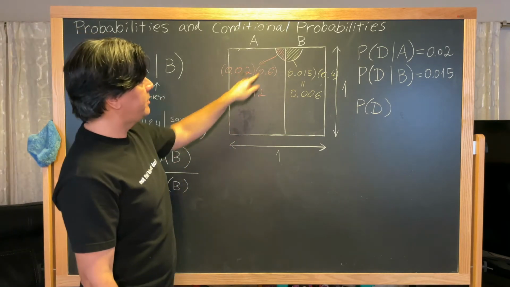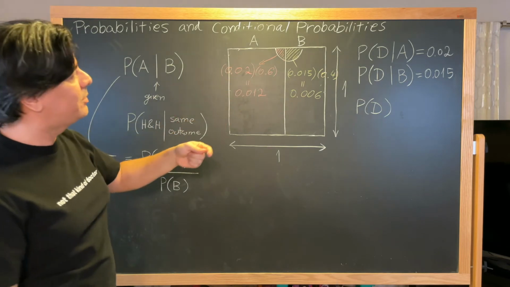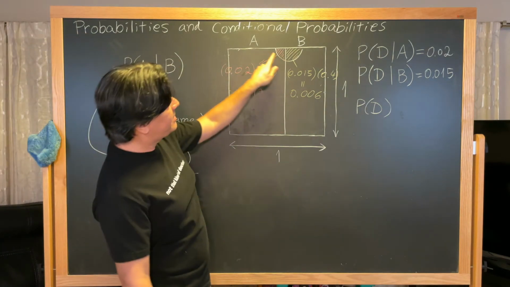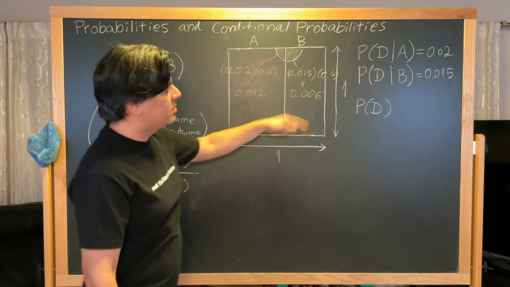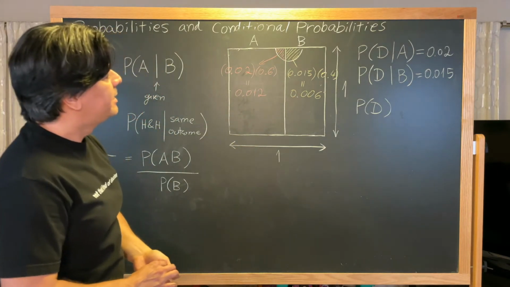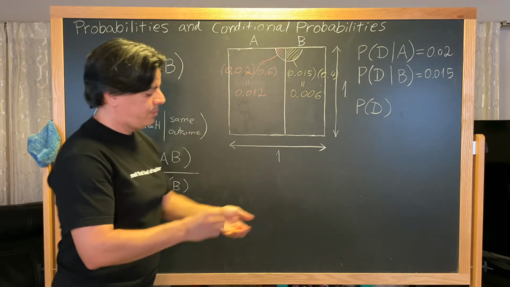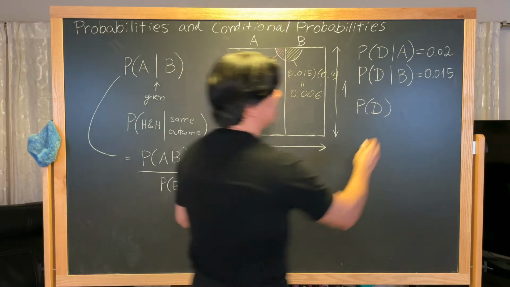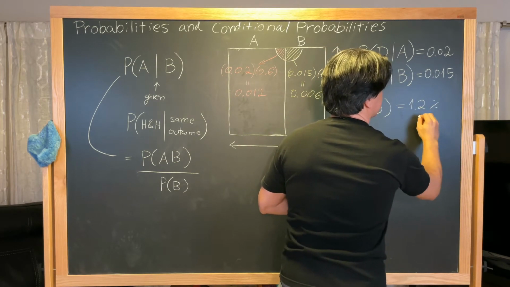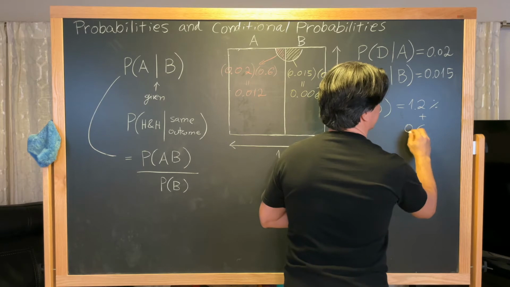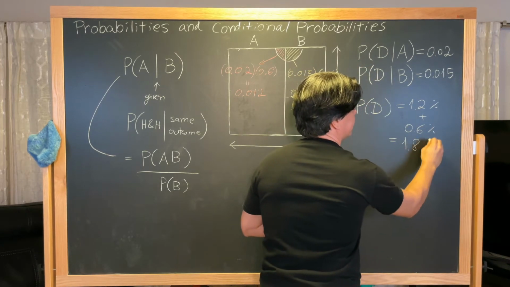We just did the calculation. I know the red is 2% of A and the other one. So the probability of D is the size of this in relation to the whole box. The box is 1. So that is 1.2% plus 0.6%, and this is 1.8%.